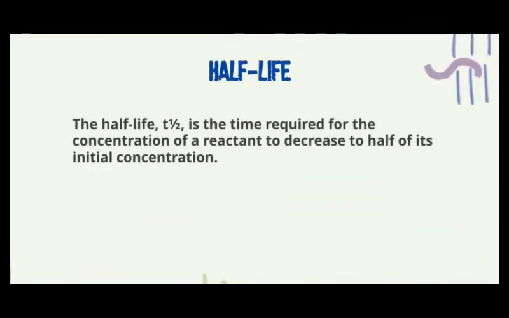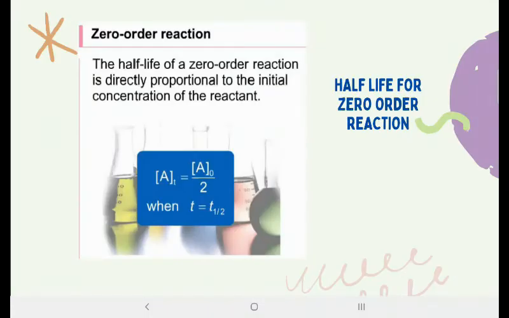Half-life. The half-life, T-half, is the time required for the concentration of a reactant to decrease to half of its initial concentration. Now, let us derive the half-life equation from the concentration-time equation of a zero-order reaction. The half-life is the time taken for the concentration of the reactant to fall to half of its initial value.